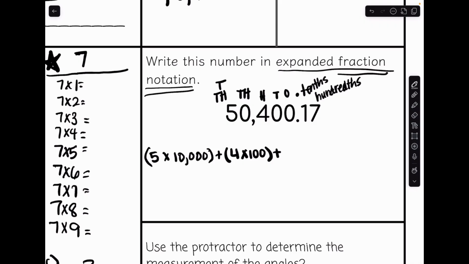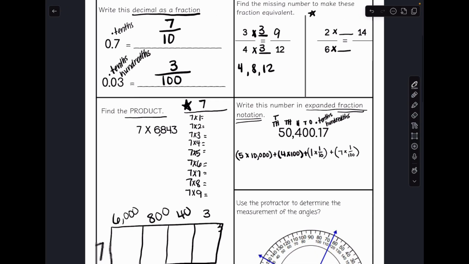No value in my tens or my ones. So I'm going to move on to the tenths place. And that is 1 times 1/10 plus 7 times 100. Okay.